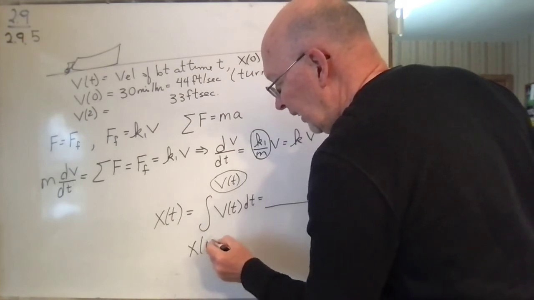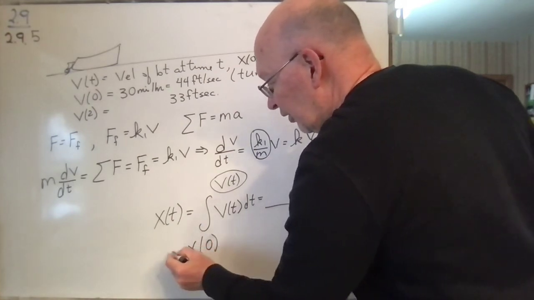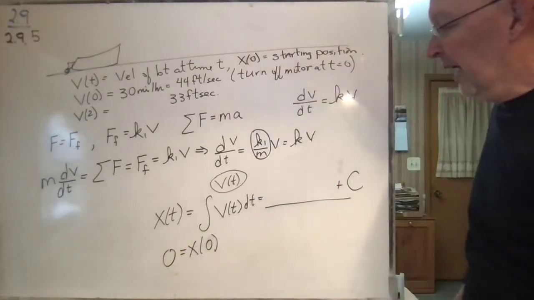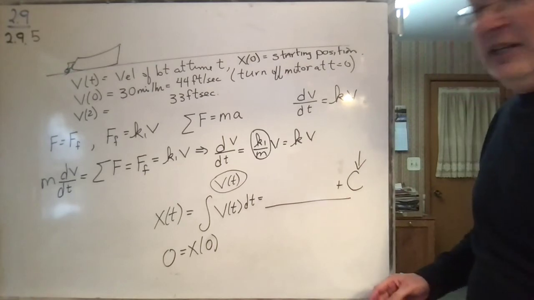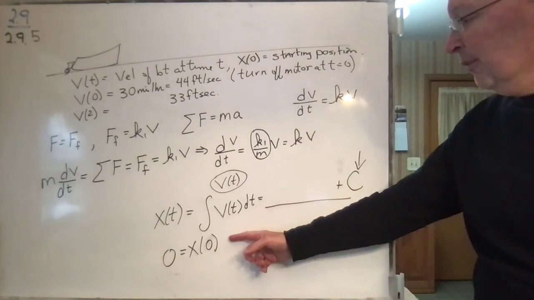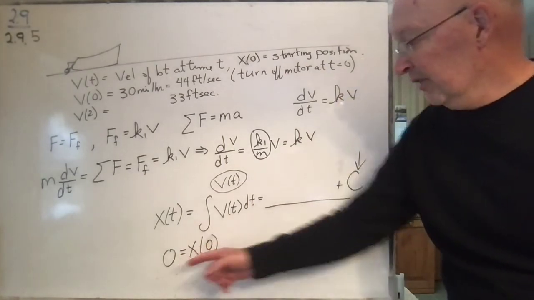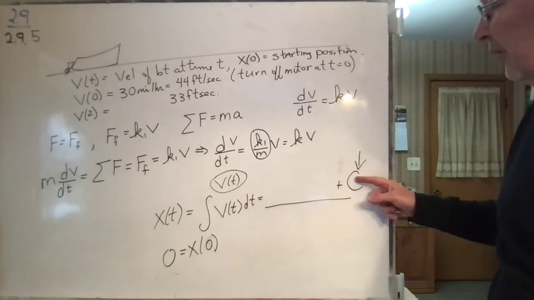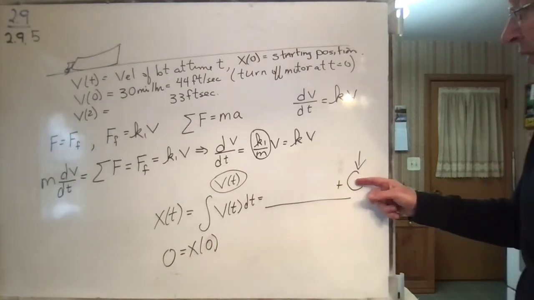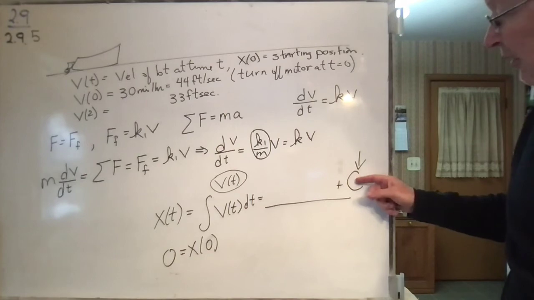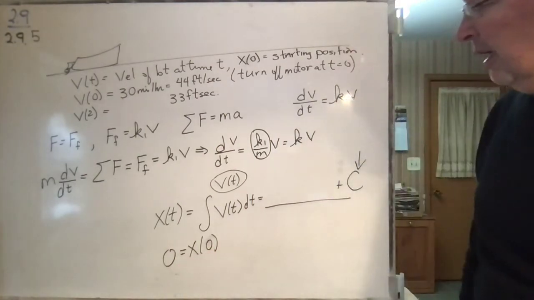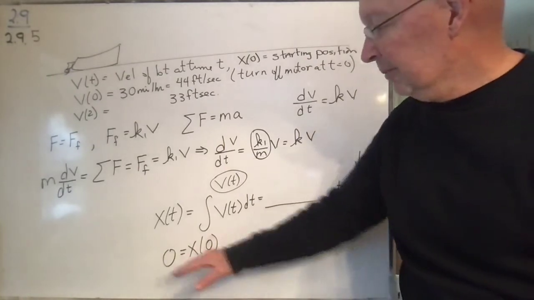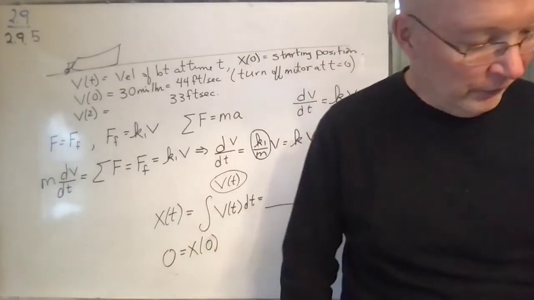You're going to want x of 0 to be equal to 0. So you're going to have to find out what value of c makes that true. A lot of times people say, if I want x of 0 to be 0, I just let this constant be 0. Nope, it doesn't always work that way. It doesn't here. You're going to have to find the right constant so that x of 0 is equal to 0. And once you have that, then you can go ahead and find out how far it goes.